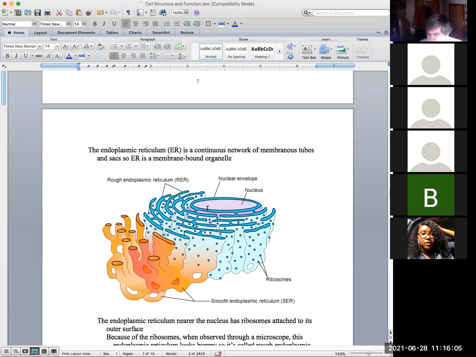Now, notice that all these black lines that we see here, these all represent membranes, or if you think of the blue grading into orange and then some pink, these are all membranes. If we look at the ribosomes, they're attached to the outer part of these membranes, but sometimes these membranes of the endoplasmic reticulum look more like pipes.